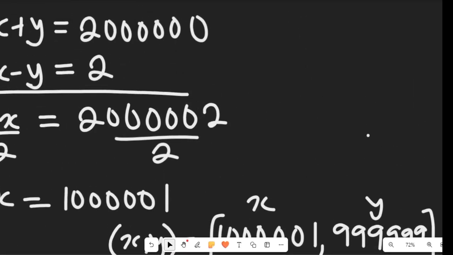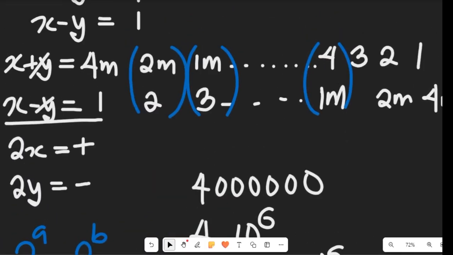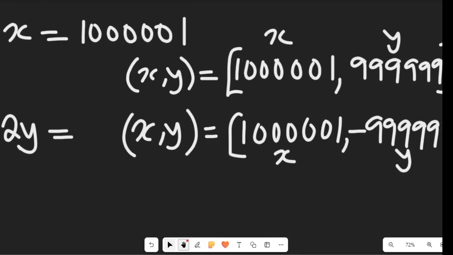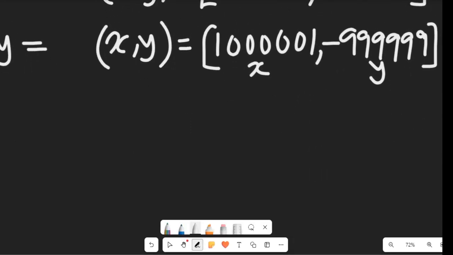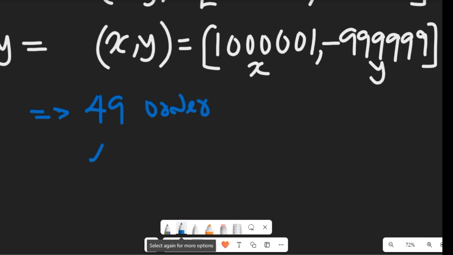Now if I do that for this range of values, 4 million to 1 and 1 to 4 million, I can have different pairs. And what are the pairs? I can have 49 ordered pairs from the addition, and 49 ordered pairs from the subtraction of each of those ranges of values.